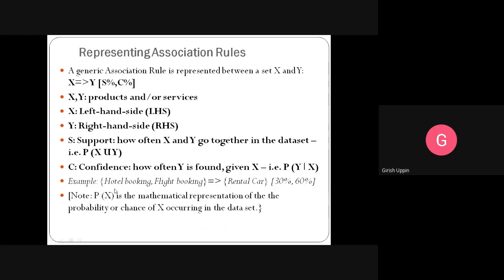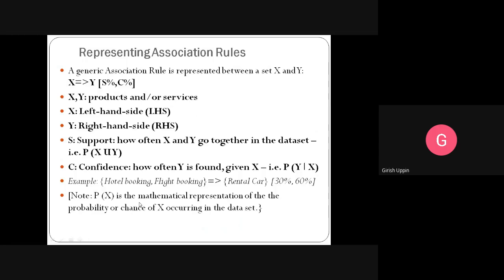We have an example here: hotel booking and flight booking. If these happen together, hotel booking and flight booking implies rental car. So this is the rule, meaning a person booking a hotel as well as a flight has a high chance of also getting a rental car. The support for this is 30% and 60% is the confidence.